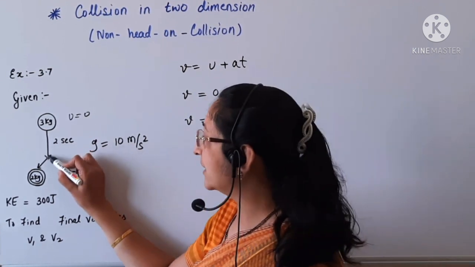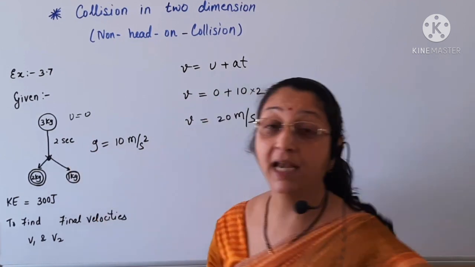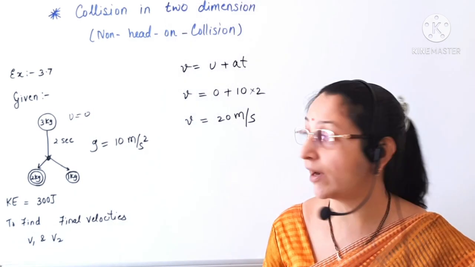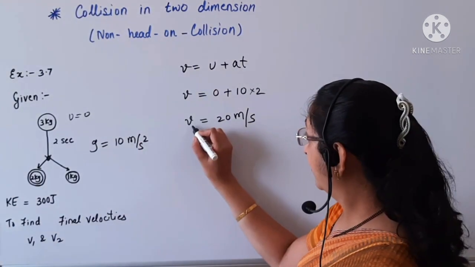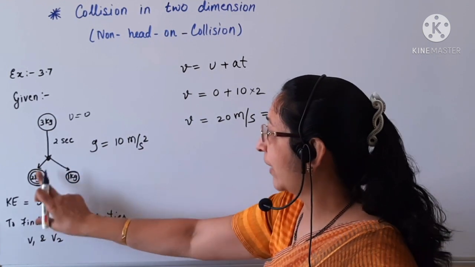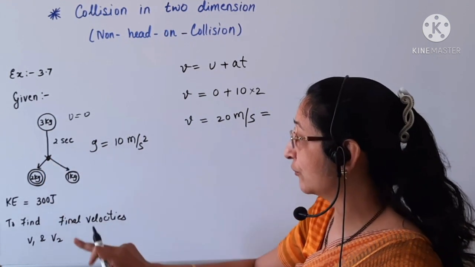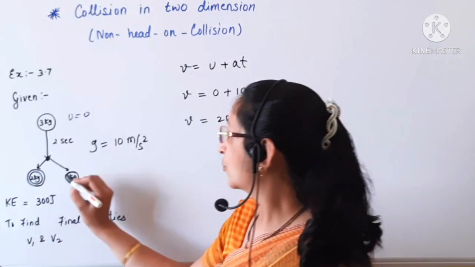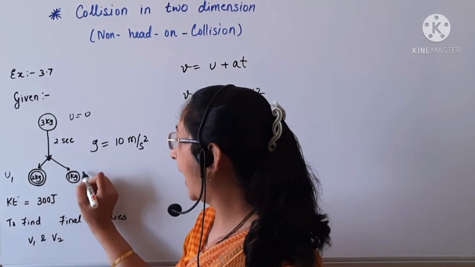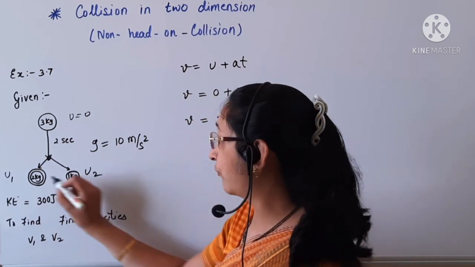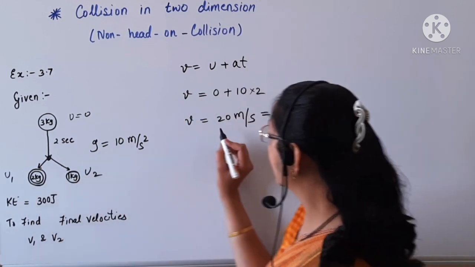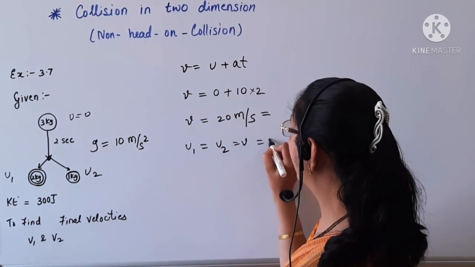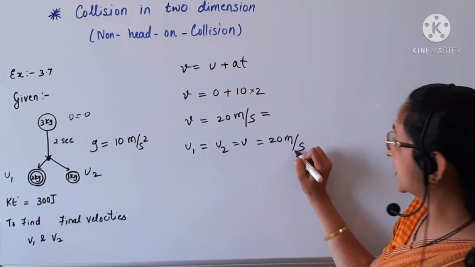So at this point, when the shell is exploding into two fragments, the initial velocities of the two fragments just as they break are U1 equal to U2 equal to this V, which is 20 meters per second.